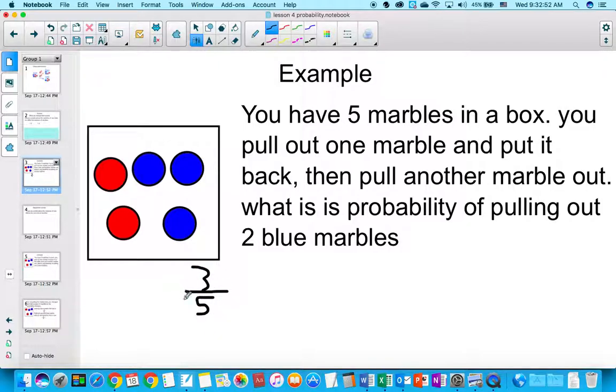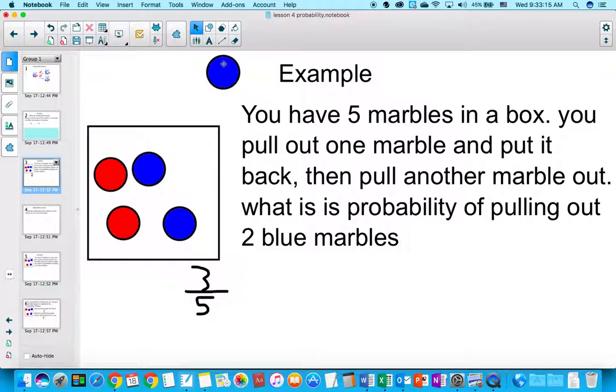Well, you're right. That is the probability of pulling out 1 marble that is blue, right? Out of a total of 5 different marbles, a total of 5 outcomes, you could pull out 3, potentially a 3 in 5 chance of pulling out a blue marble because there are 3 blues out of the total of 5. But there are 2 events.